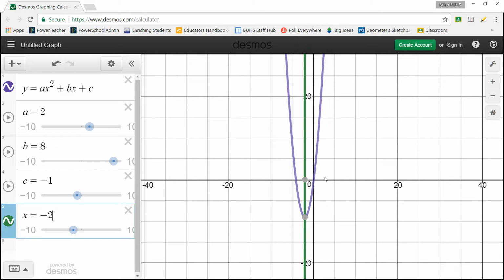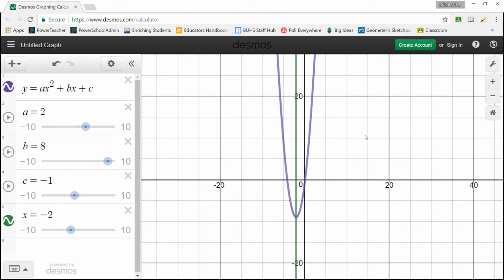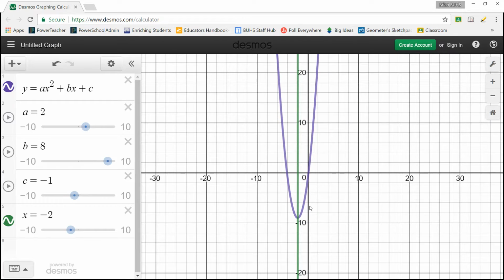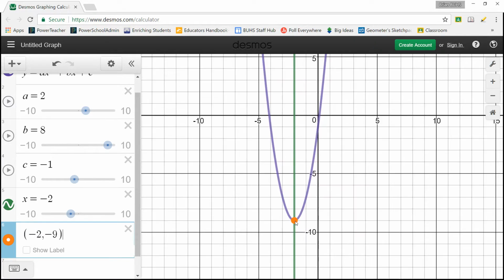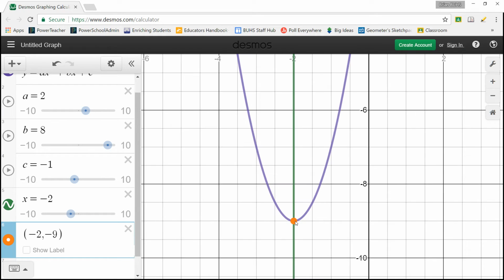Does that look like the axis of symmetry for this parabola? Yeah, that vertical line, it definitely is. And we anticipated that the point (-2, -9) was the vertex. And does that point look like the vertex? Definitely does. Way cool, way cool.